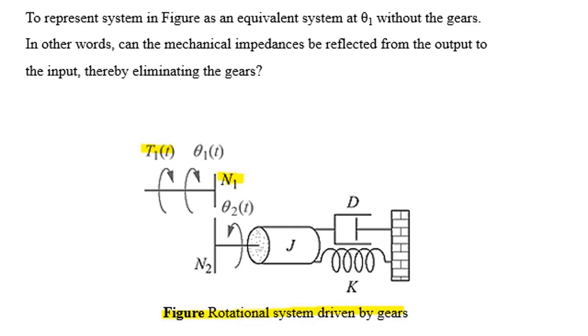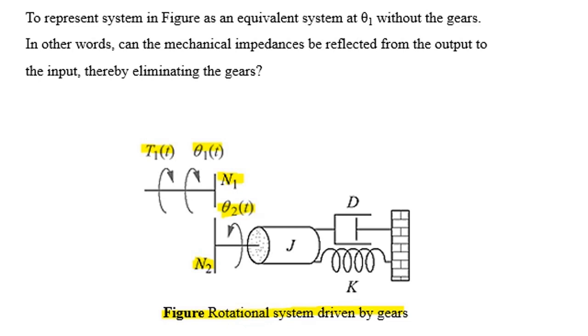As the input gear rotates, it rotates the output gear having number of teeth N2, and the angular displacement covered is represented by theta 2 of t.